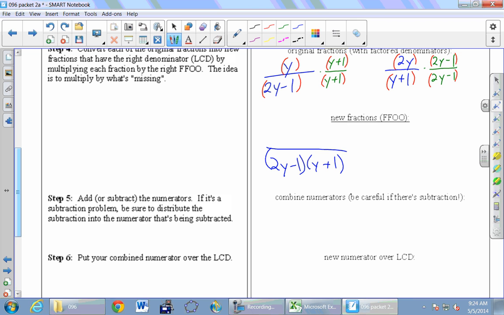So 2y minus 1 times y plus 1, you could FOIL or lobster claw or whatever you want to call it. But we never do. Never multiply out downstairs. But take a look upstairs. There's a y and there's a y plus 1. And we always multiply upstairs.